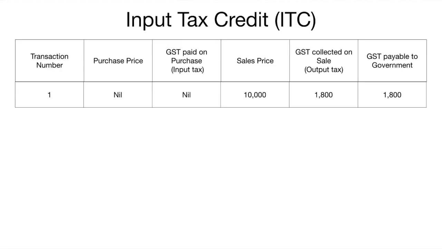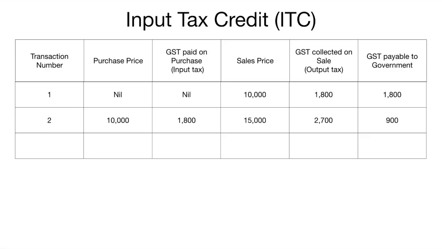GST payable to government was 1,800. Transaction 2. Purchase price 10,000. GST paid on purchase by Raj 1,800. Sale price 15,000. GST collected on sale by Raj from Akshay 2,700. GST payable to government by Raj 900.